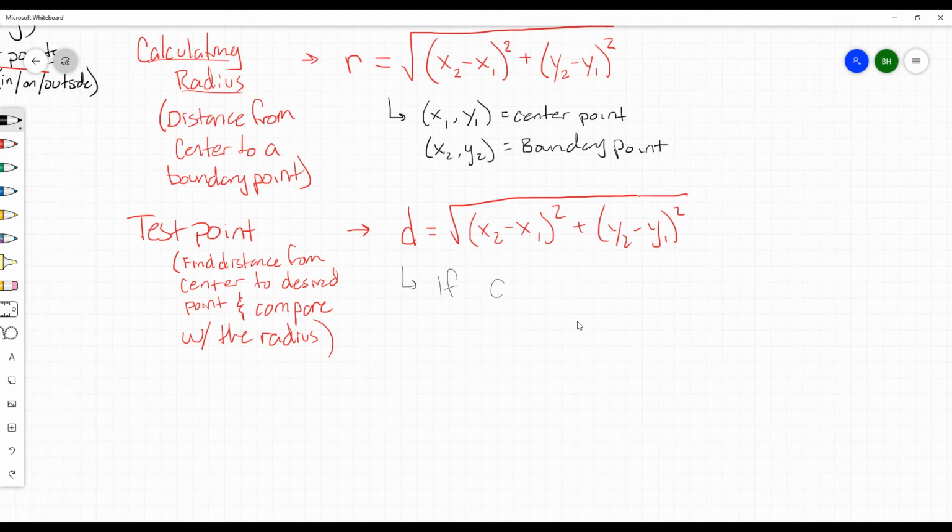If in this case d is greater than the radius, then this means our point is outside of the circle. If d equals our radius, then we know that the point is actually on the boundary of the circle.